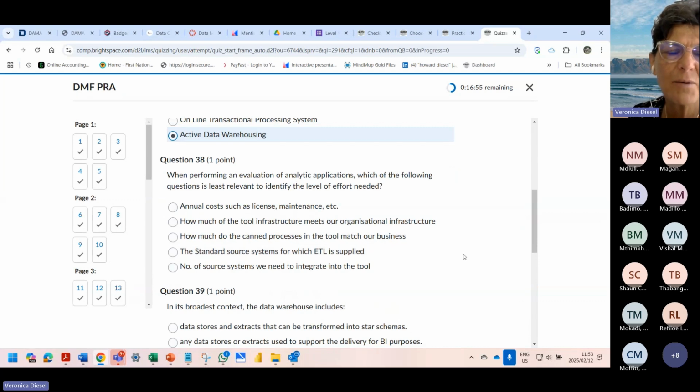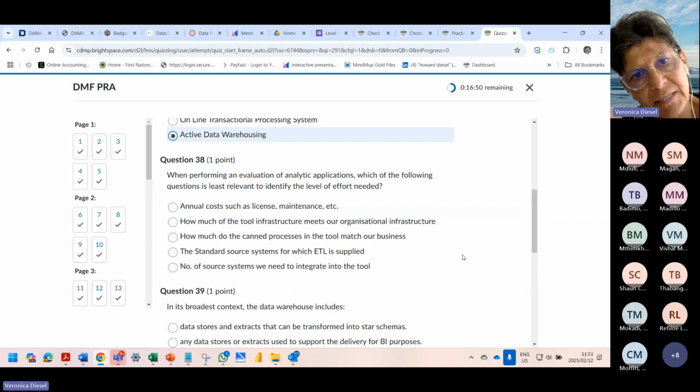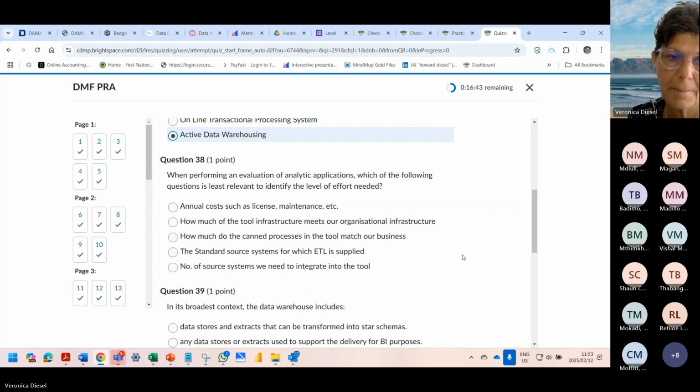When performing an evaluation of analytic applications, which of the following questions is least relevant to identify the level of effort needed? And these are actual exam questions. If they come up, they'll come up looking exactly like this, and at least 5 of them will come up.